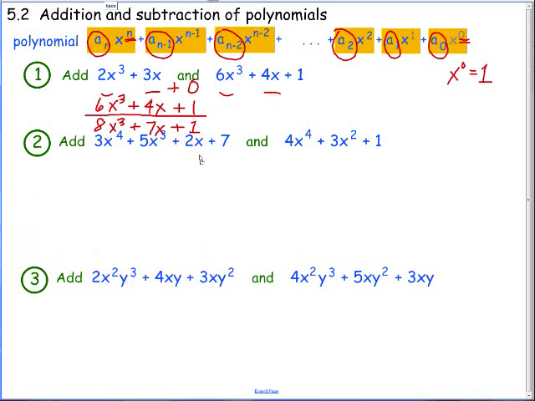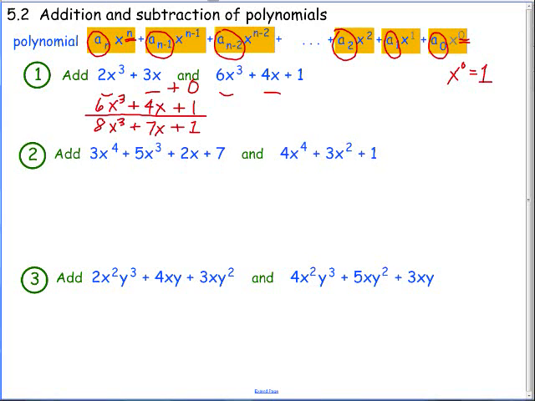I'm going to move this down a little bit, give us a little more room, because I want to rewrite this, and I'll show you why. I want to put the 4th powers of x there, the 3rd powers of x. See how I'm doing the descending powers. Now I don't have x to the 2nd in this one, but because I do in here, I'm going to leave a space for it.